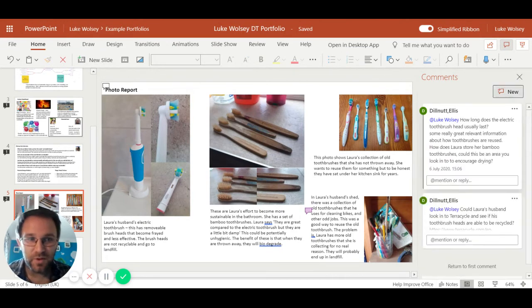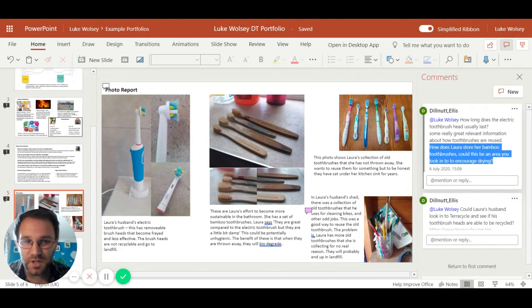Miss Stillnut has given me some feedback here, so she's suggested some things I might want to find out, some extra real life research to do. How does Laura store her bamboo toothbrushes? And Miss Stillnut is absolutely right. This is the problem. They're stored in a pot. That pot gets a little bit of water and stuff at the bottom, and it seeps into the bottom of the toothbrush there.